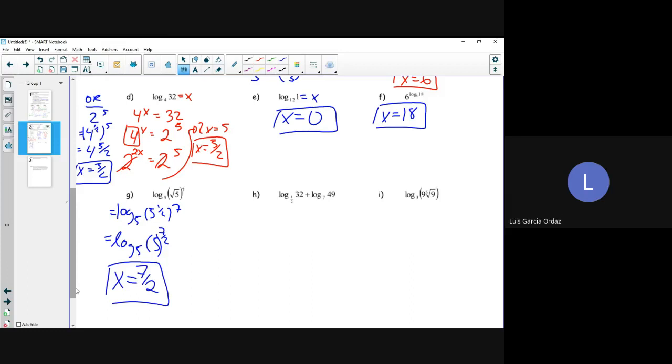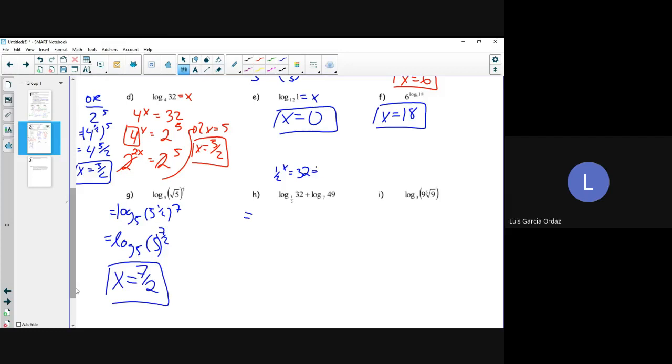So the next one we have is log base 1/2 of 32 plus log base 7 of 49. So what exponent, when we have a base of 1 over 2, gives us 32? -5.